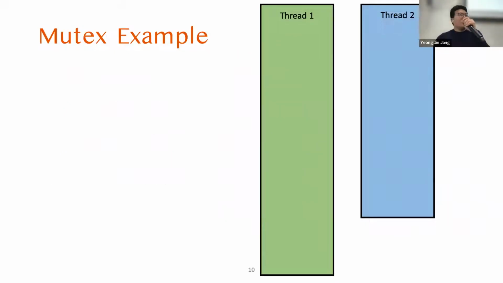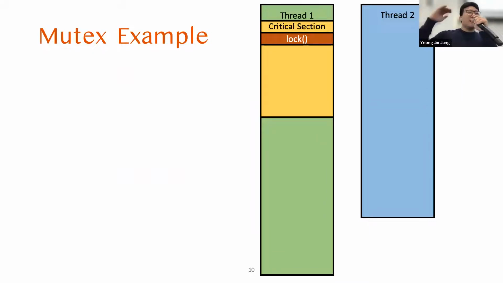To do that, we conceptually learned about the mutex, mutual exclusion, to create the so-called critical section that prohibits any concurrent execution for a certain part of the program. Conceptually, we can create the critical section using lock and unlock.